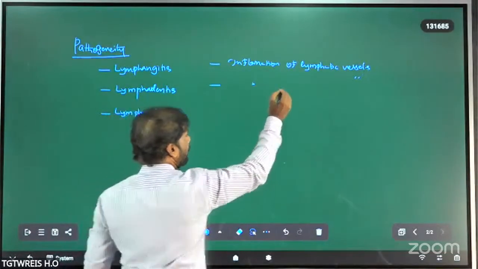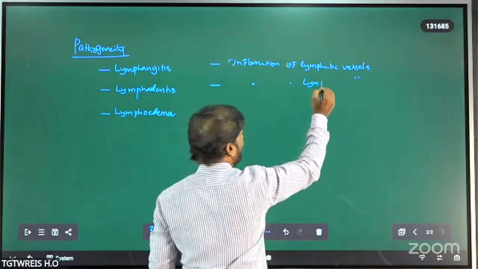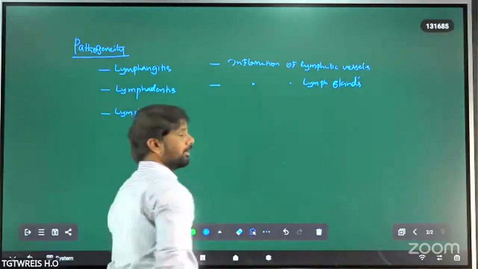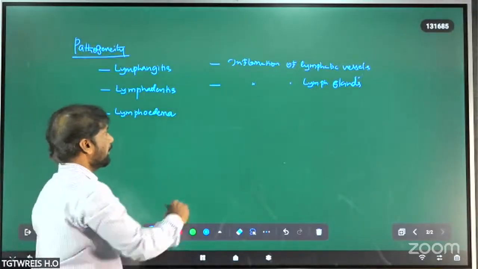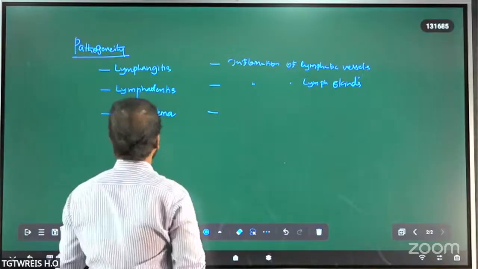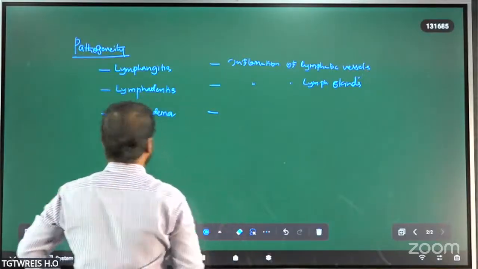Lymphadenitis: inflammation of lymph glands. Inflammation of lymph glands is known as lymphadenitis.